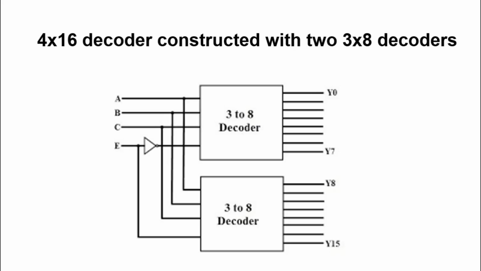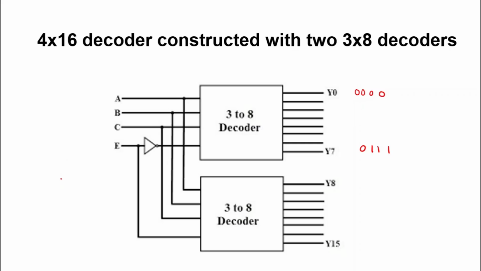So when E equals 0, the top decoder is enabled and the other is disabled. The bottom decoder's outputs are all zeros and the top 8 outputs generate the minterms from 0000 up to 0111. When E equals 1, the enable conditions are reversed.